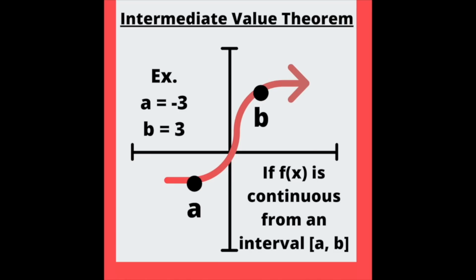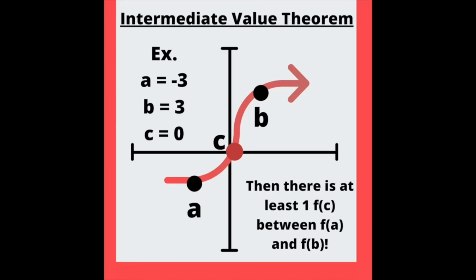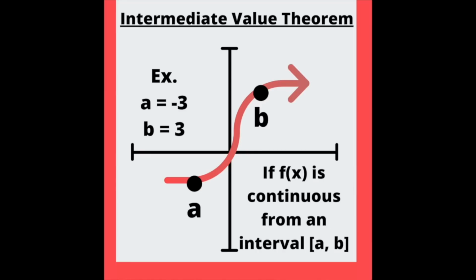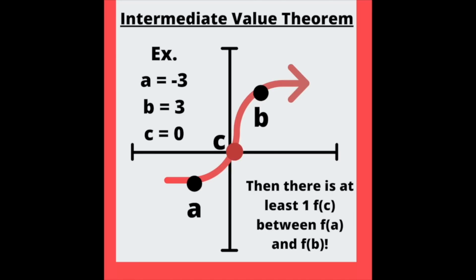If f of x is continuous on an interval from a to b, and c is between a and b, then there is at least one f of c between f of a and f of b.